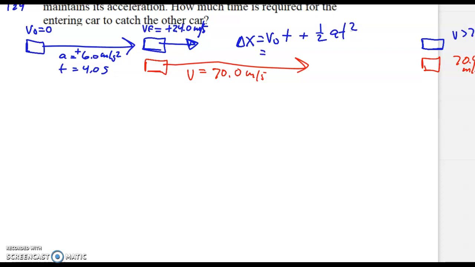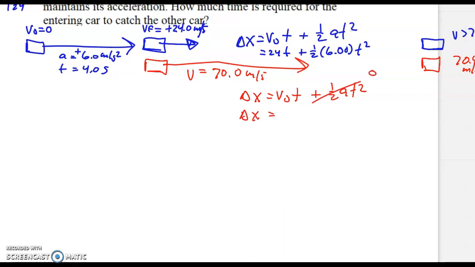So that's going to be equal to 24t plus half of the acceleration, which was 6, times the time squared. The red one, on the other hand, is just maintaining, and so you could theoretically say v0t plus 1/2 at squared for it, but the acceleration there is 0, so that whole term goes away.